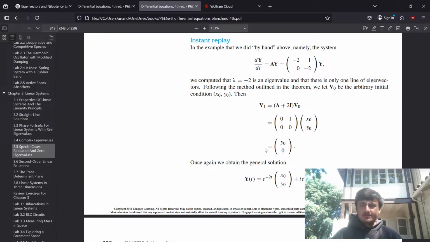In the example that we did by hand above, we computed that lambda equal to -2 is an eigenvalue and that there's only one line of eigenvectors.